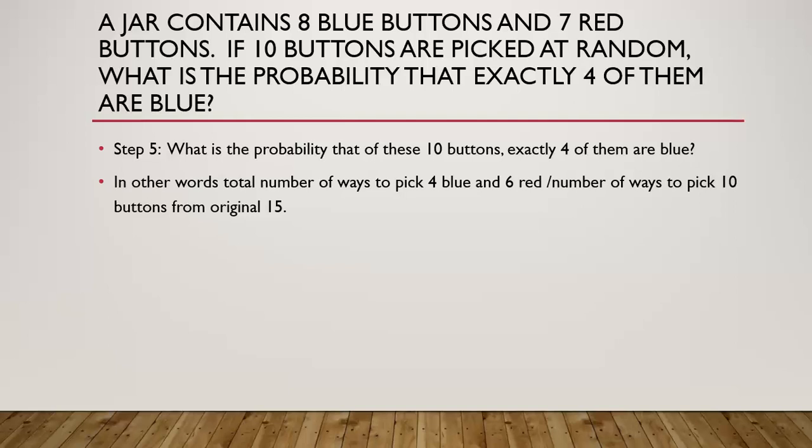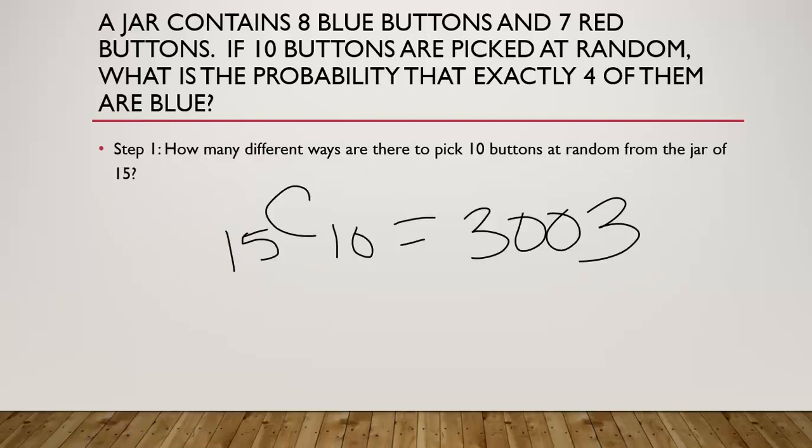Now we write it as a probability. So what's the probability of exactly 4 blue buttons? Basically, that's the number of ways we're picking 4 blue and 6 red, which we just did, divided by the total number of ways to pick 10 buttons from the 15. So we just did the 4 blue and 6 red. That was 490.